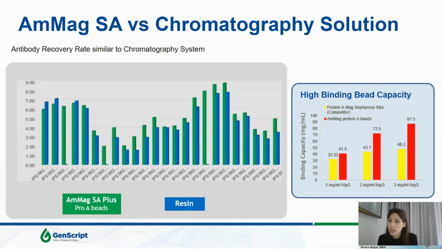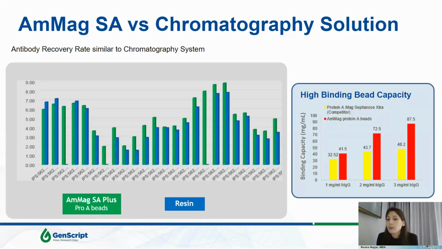On the right-hand side, we also did a test to see how high the binding capacity of our magnetic beads is for these particular applications, based on, again, the capacity of the magnetic bead.